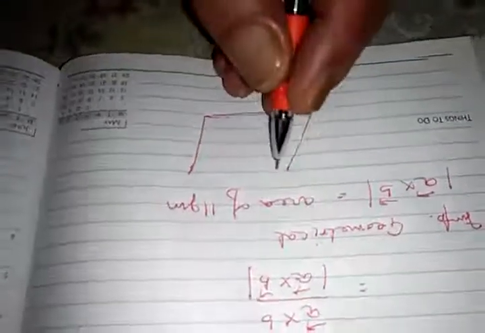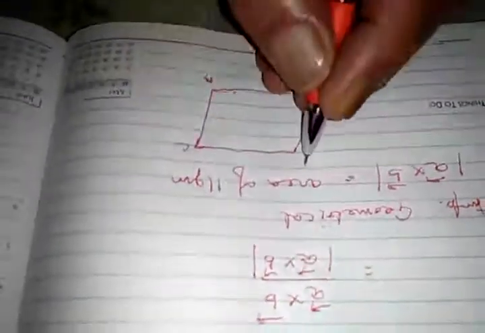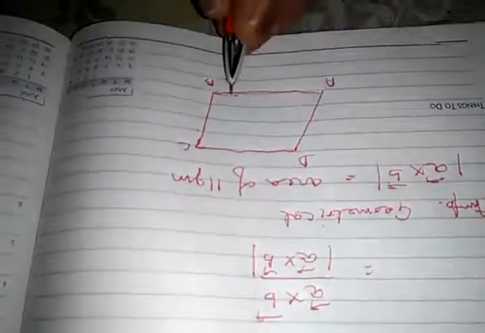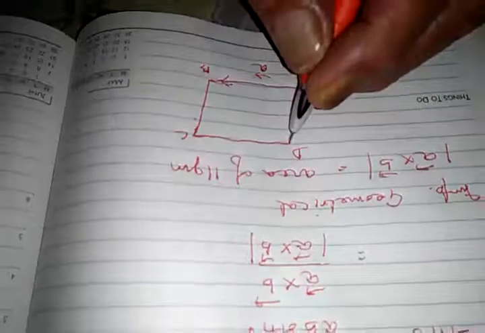Like the parallelogram ABCD, suppose ABCD, right? So vector A, vector B, the angle between the two vectors, that is theta, and draw the altitude DM.